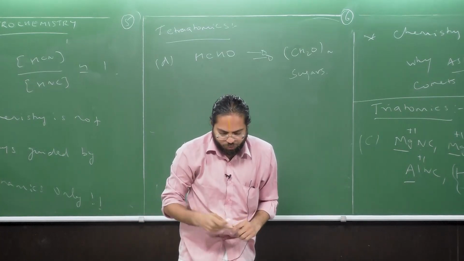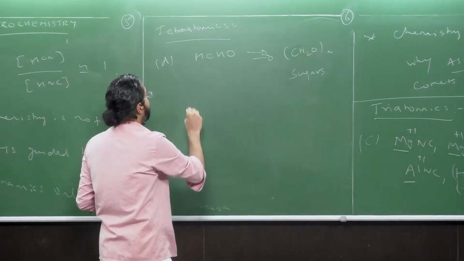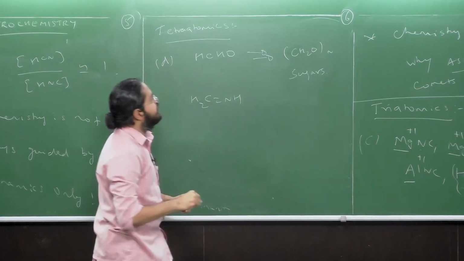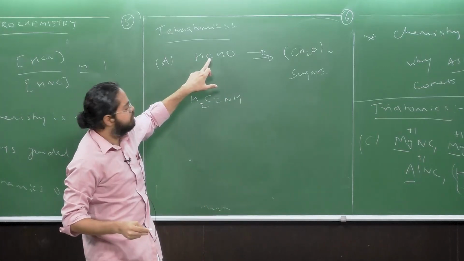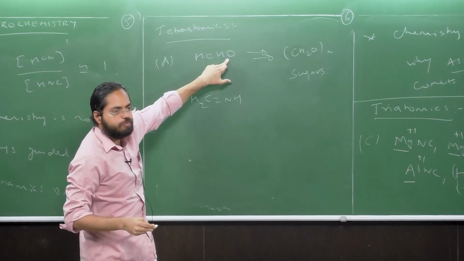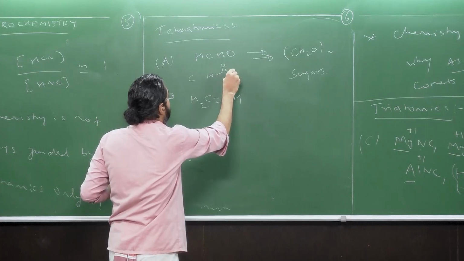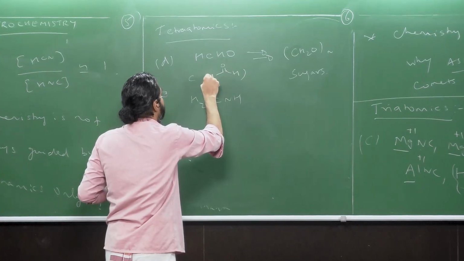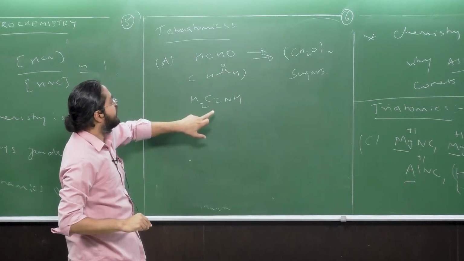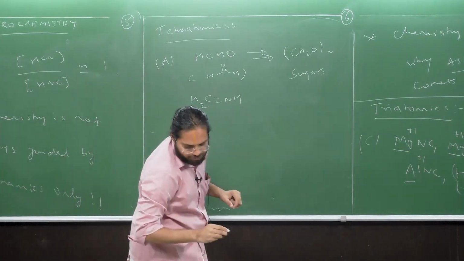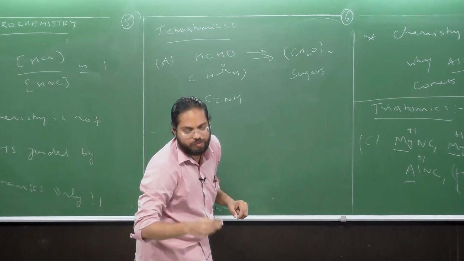Other related examples could be something like, now, this is an imine. Just like we had the carbon and oxygen of formaldehyde, the structure of formaldehyde is going to be this, which is of course known to many of you. So this is formaldehyde and this is an imine, CH2NH, I believe.